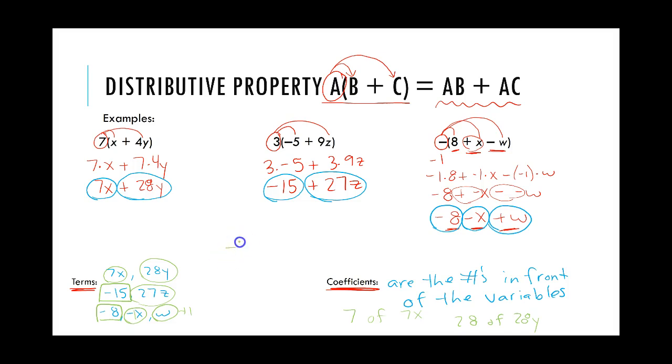So your -15 and your -8, the ones without variables, are considered constants. And this vocabulary is important when we get to these next few slides, just so we understand vocabulary as we talk through them.